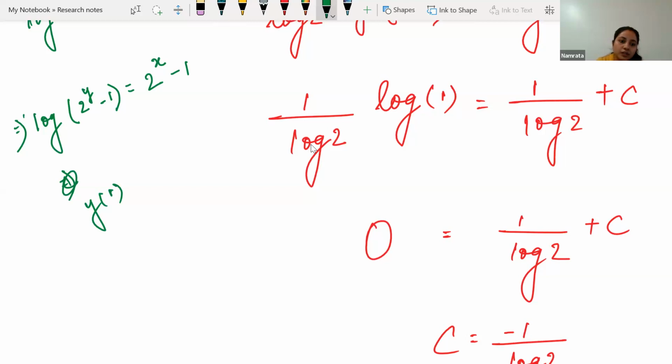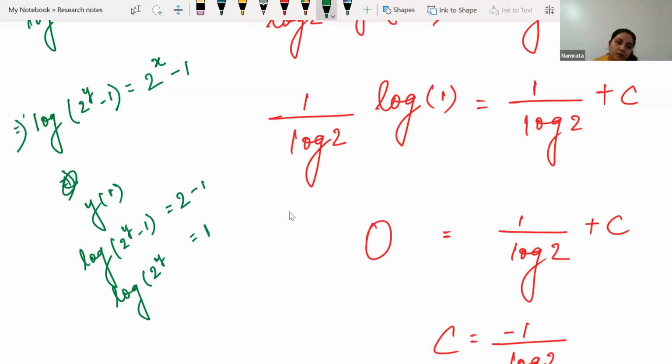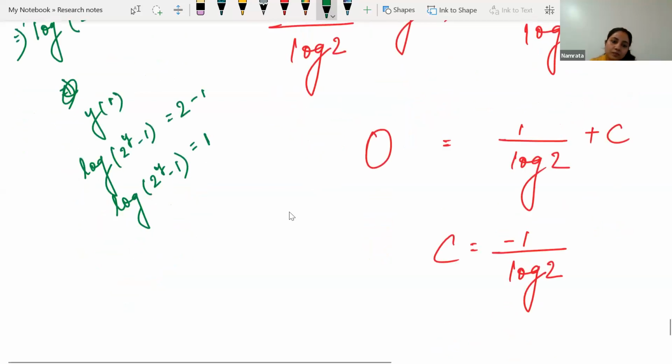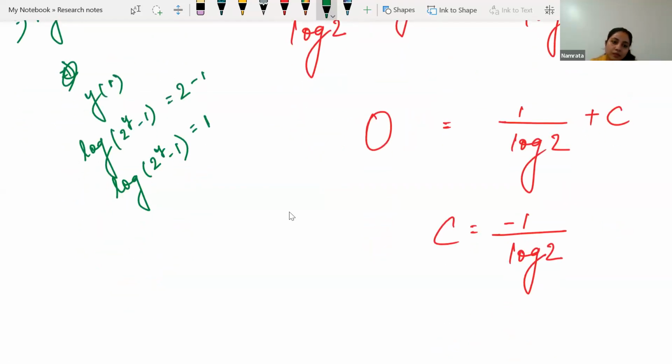When x equals 1, it will be 2 minus 1, so here we are having log of (2 to the power y minus 1) still. Suppose the base is e.